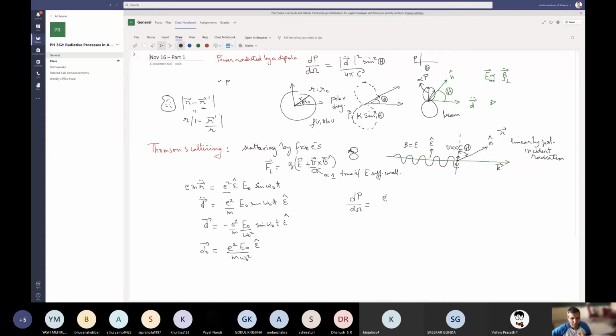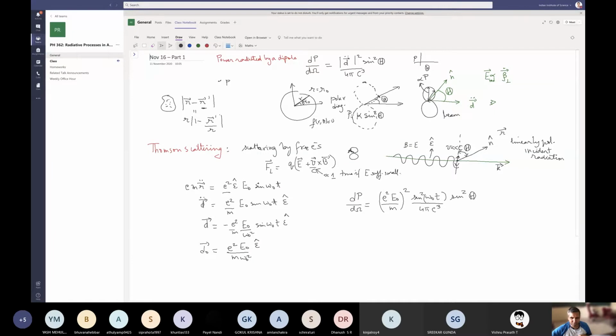So this is e squared E naught by m, whole squared, sine squared omega naught t, sine squared theta, by 4 pi c cubed.